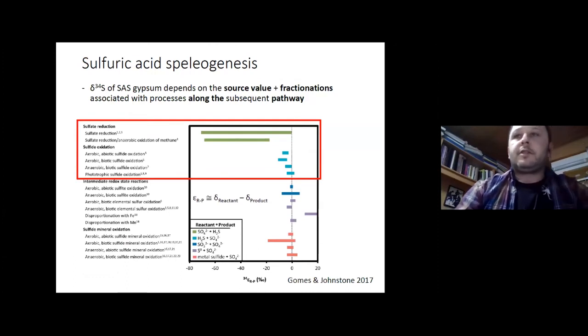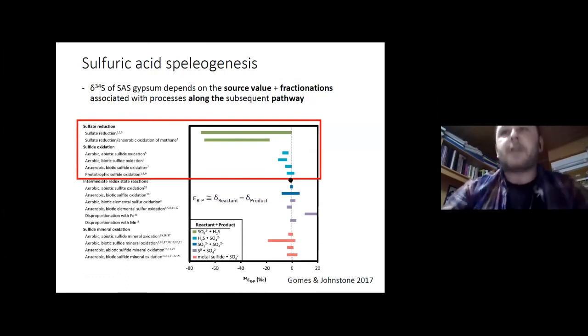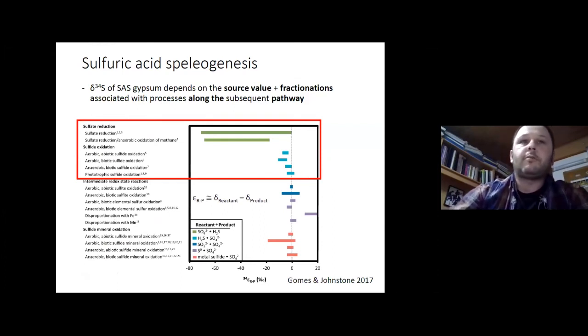As I said, the pathway, the sulfur cycle, or the fractionations associated with sulfur are much more complicated, or can be. The range of fractionation can be much larger. For example, the possible range of fractionation by reduction of sulfate can be up to 60 per mil.